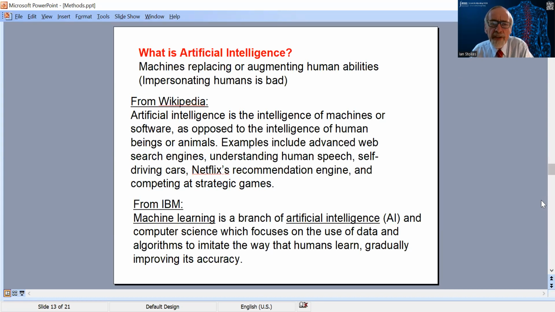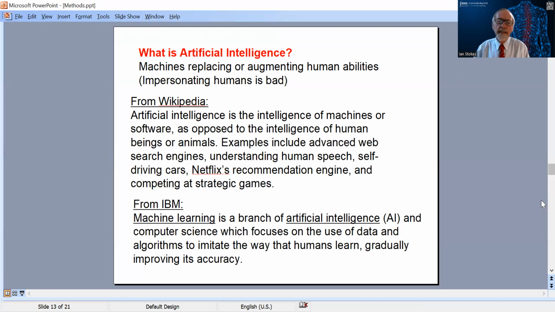Well, first, what is artificial intelligence? Machines replacing or augmenting human abilities. Wikipedia gives some examples, which include advanced web search engines, understanding human speech, self-driving cars, recommending which Netflix videos you might want to watch, and competing in strategic games such as beating chess grandmasters.